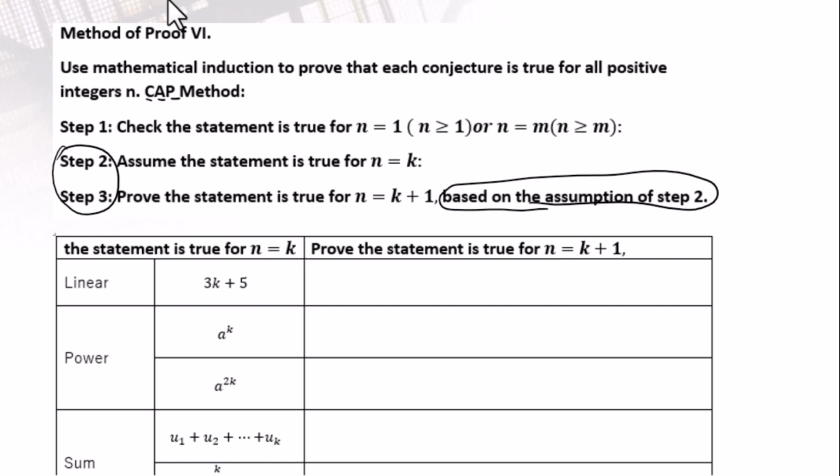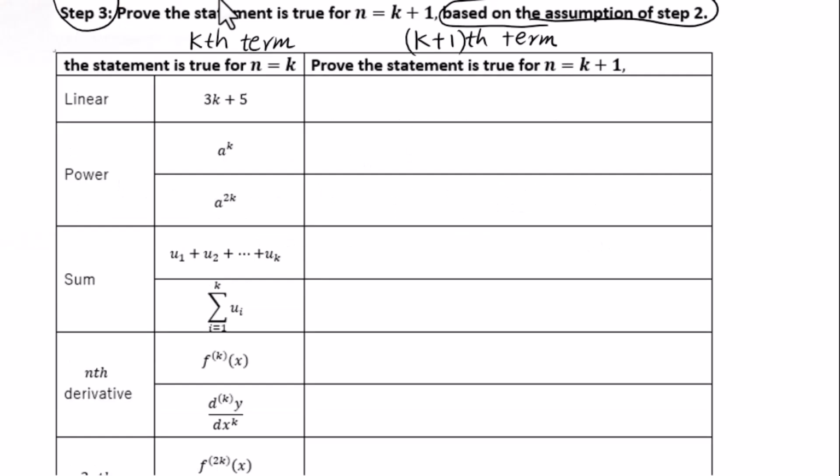The statement is true for n equals k. This is the kth term. We are looking for the k plus 1th term. For a linear function, 3k plus 5 is the kth term.